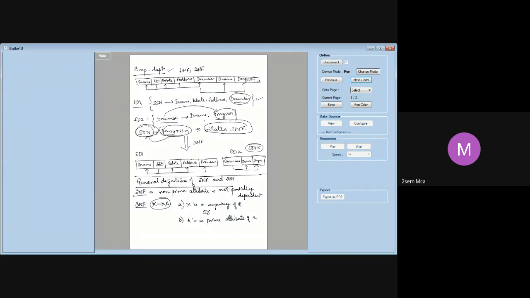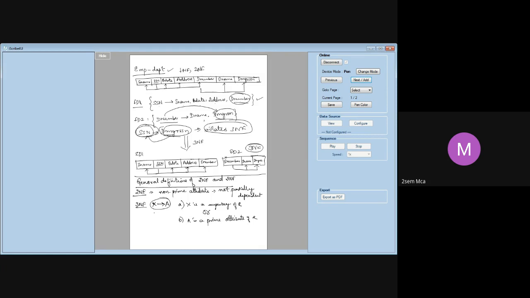Whenever there is a functional dependency like this, X determines A, what does it state? This is slightly different from what we saw now. For 3NF, we stated that no non-prime attribute should be transitively dependent on the primary key of R. That is one way of stating the third normal form.